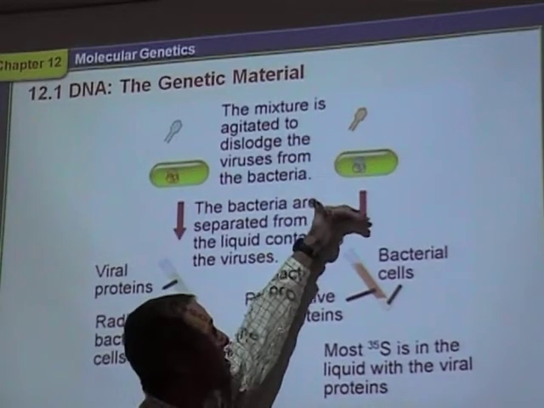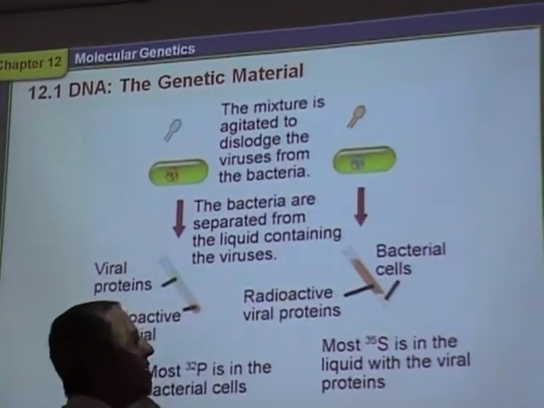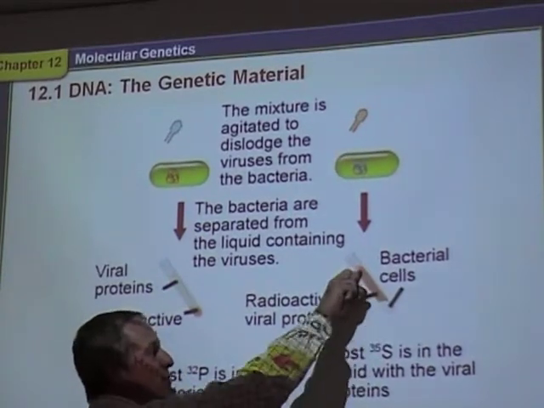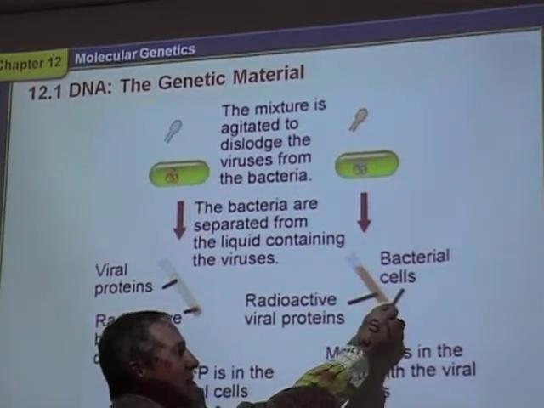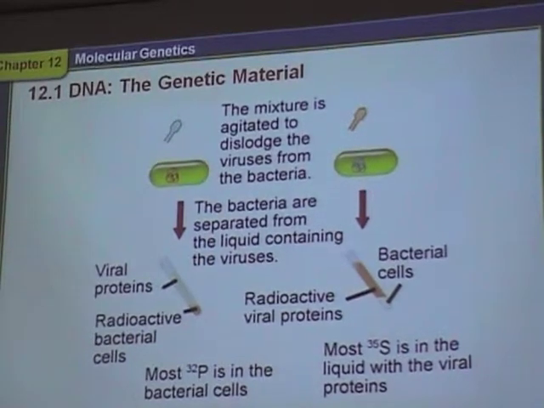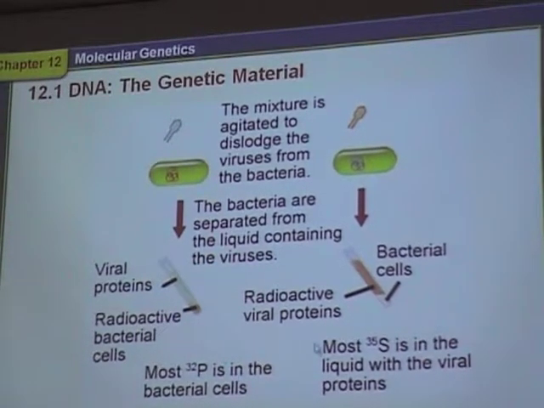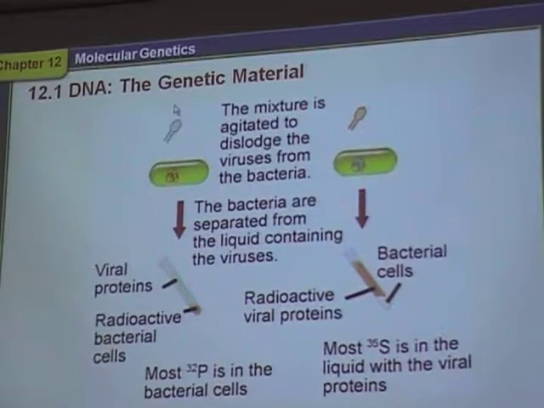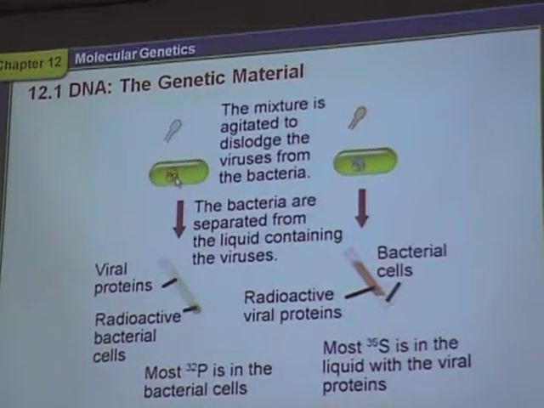The viruses didn't stick the proteins into the cell. So the radioactivity was coming from up here, not from the cells down in the bottom of the test tube. So this proved that DNA was being passed from viruses to bacteria and not proteins being passed from viruses to bacteria. DNA was carrying the information from the viruses to the cells.